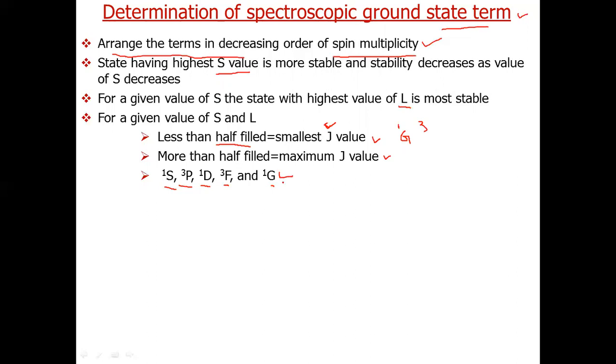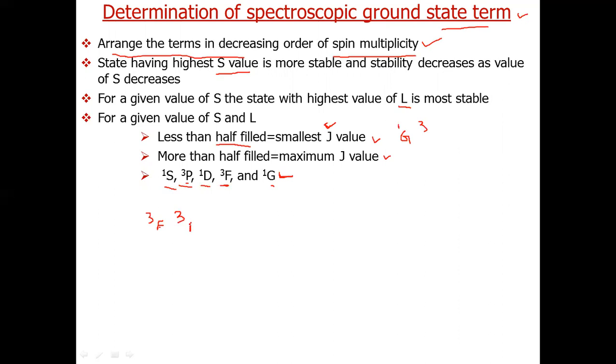Now we have to find the ground state term. Let us see what the first rule is. The first rule states that we arrange the terms in decreasing order of spin multiplicity. Start with the symbol with the highest multiplicity. There are two symbols with S equal to 1, so we write 3F, 3P.